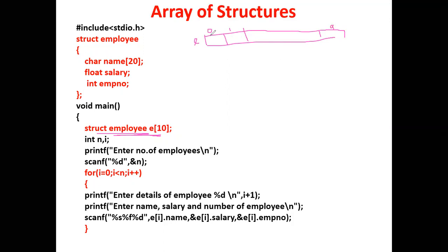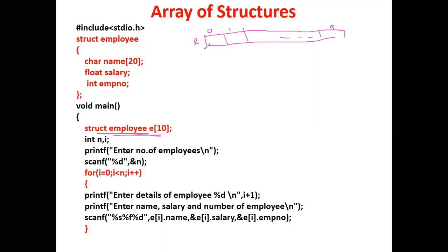Last index, since we are starting from 0, will be 9. So 0, 1, 2, 3, 4, 5, 6, 7, 8, 9. I have not written all. Like this, you can store 10 employee details.